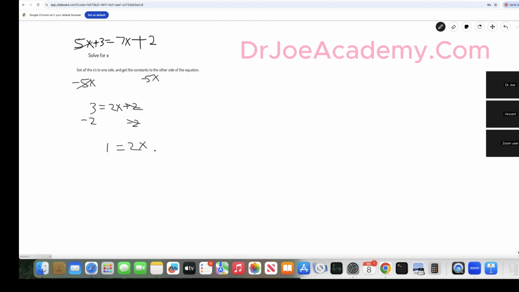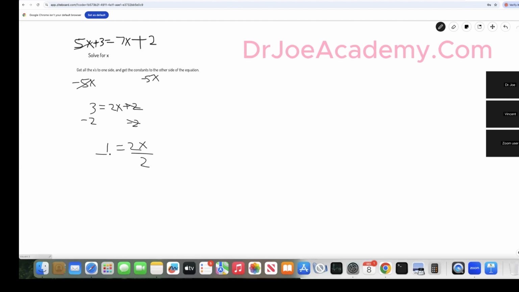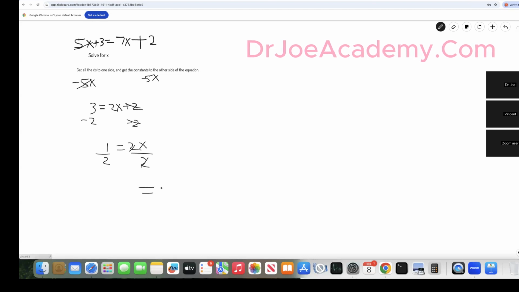The opposite of multiplying by 2 is dividing by 2. So we divide both sides by 2, and this cancels to give us a coefficient of 1x, which we could just say x. Solving for x, x is then equal to 1/2.